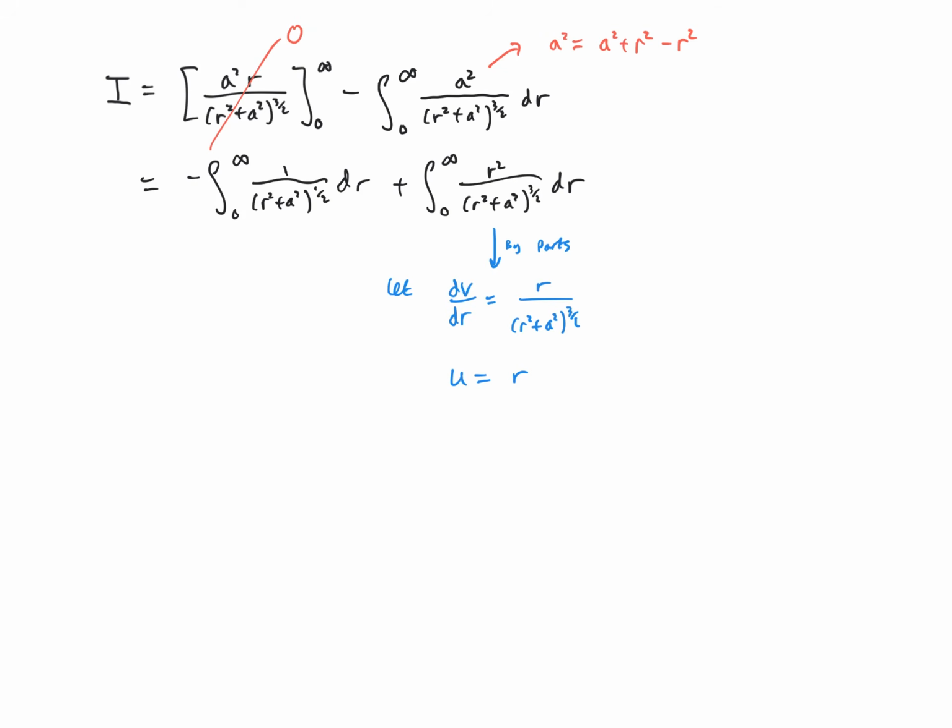So let's suppose that dv by dr is equal to r over r squared plus a squared to the 3/2, whereas u is equal to r. This tells us that v, by integrating, very similar to the previous expressions, is simply this, whereas du by dr is, of course, just equal to 1. And so this integral that we're investigating here is further reduced.